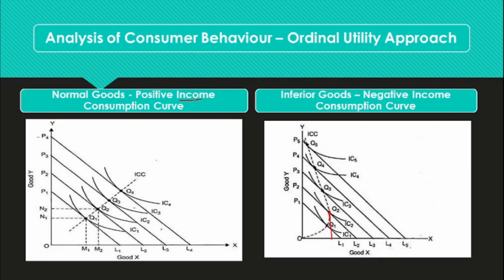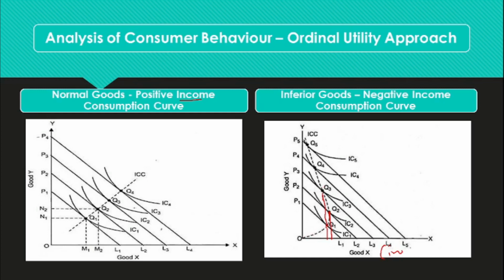Okay, but with even more increase in the income, we get a new Q3 and here we can clearly see that the quantity demanded for good X is even lesser. So it is getting lesser and lesser as there is an increase in the income, because good X here we consider as an inferior good. So with the increase in income, there is a fall in the quantity demanded for the inferior good, and that is why the equilibrium points that we are getting are getting closer to the y-axis.